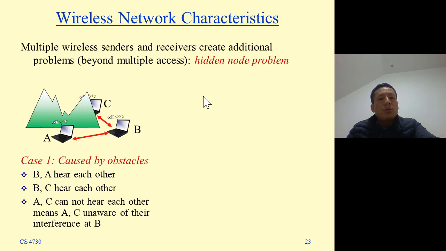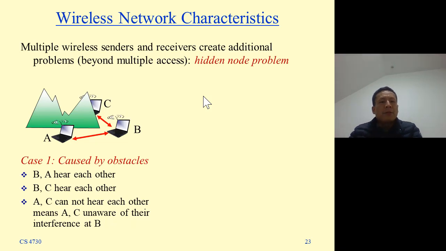And also, the other characteristic of wireless networks that I mentioned to you is the hidden node problem, right? Last time we mentioned the hidden node problem and the exposed node problem.